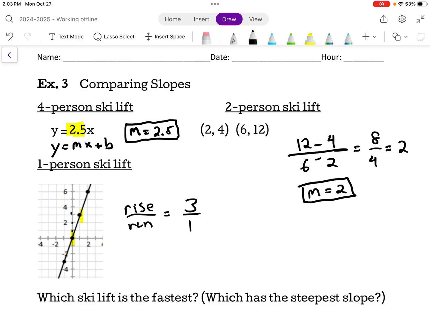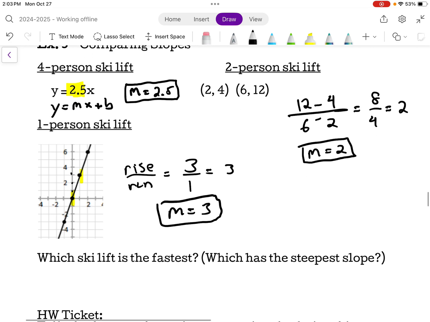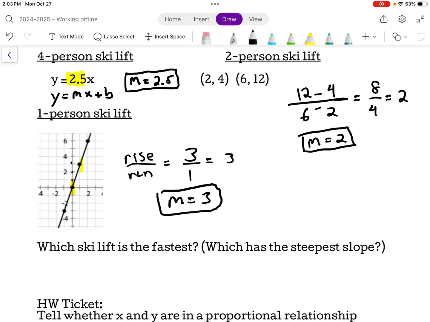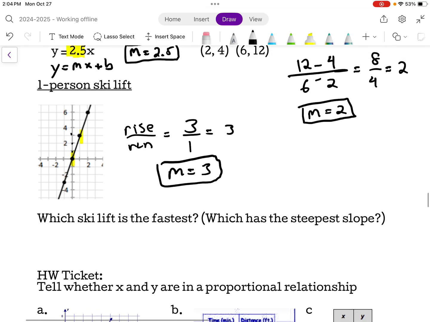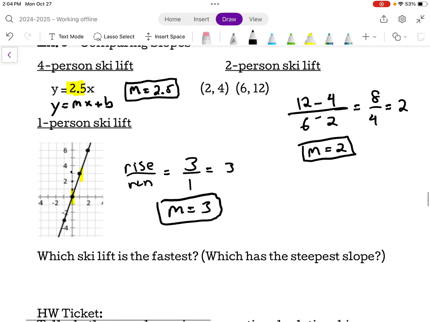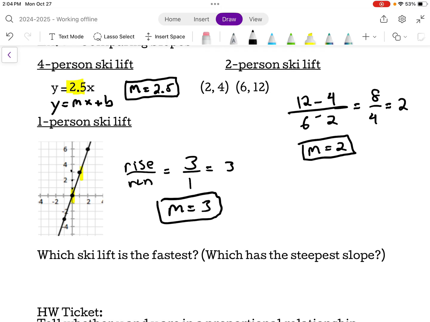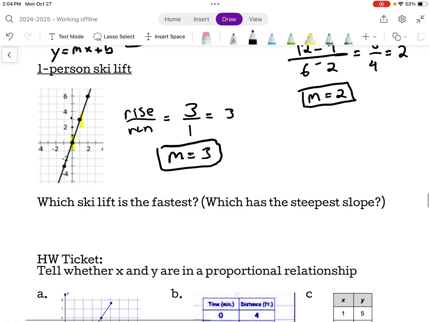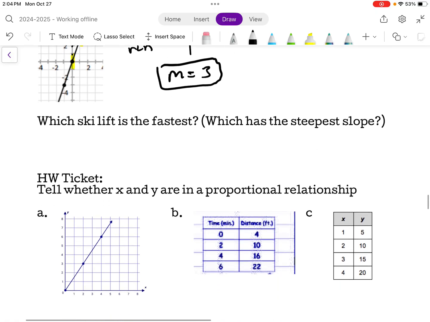So that's a rise of 3 and a run of 1. 3 over 1 is just 3. So the slope there is 3. Which ski lift is the fastest? So which one has the greater slope or the steepest slope? That would be the 1-person ski lift. Then followed by the 4-person lift at 2.5, and then the 2-person lift at the slope of 2.